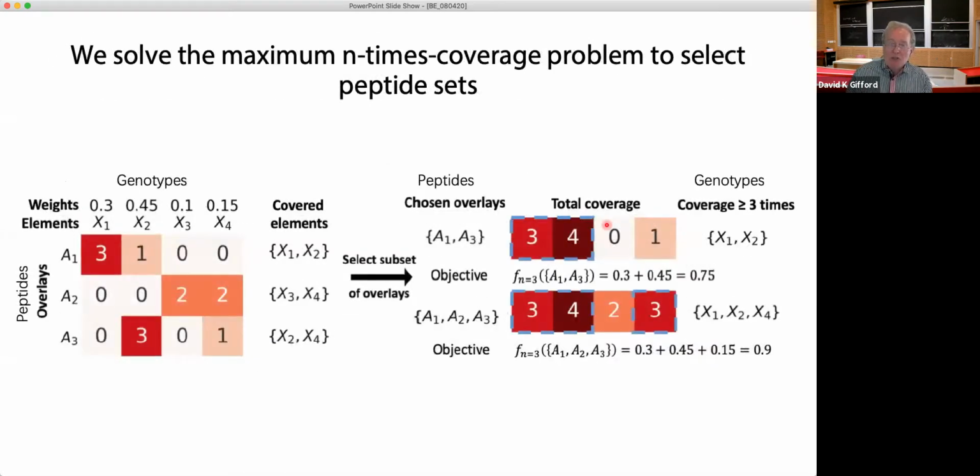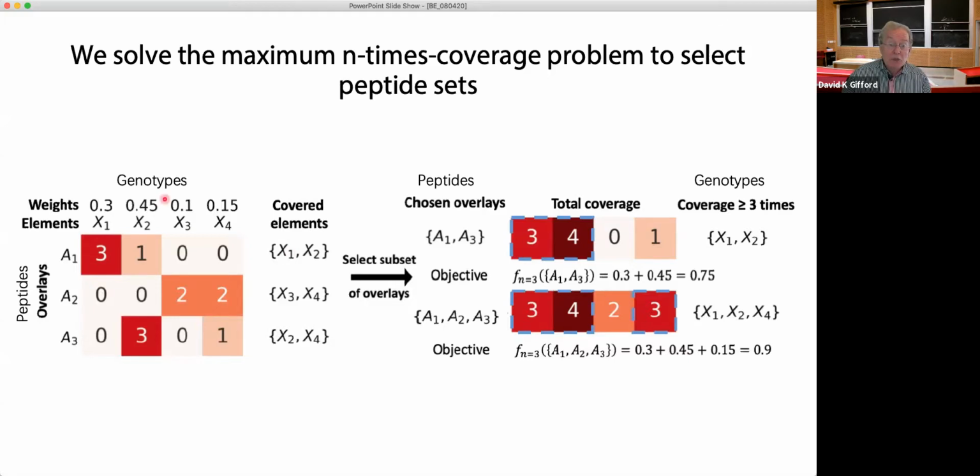So a way to think about this is to solve this combinatorial coverage problem. We can think about genotypes and their weights as their fraction in the population, and the peptide overlays as the number of peptide HLA hits each one will produce in each one of these particular genotypes. So for example, this peptide will produce 3 hits in genotype X1 and 1 hit in genotype X2, and A2 will produce 2 hits in each of X3 and X4, and peptide A3 will produce 3 hits in X2 and 1 hit in X4.